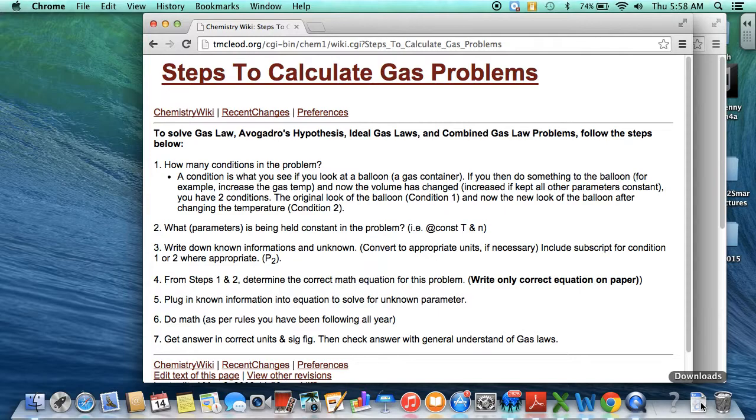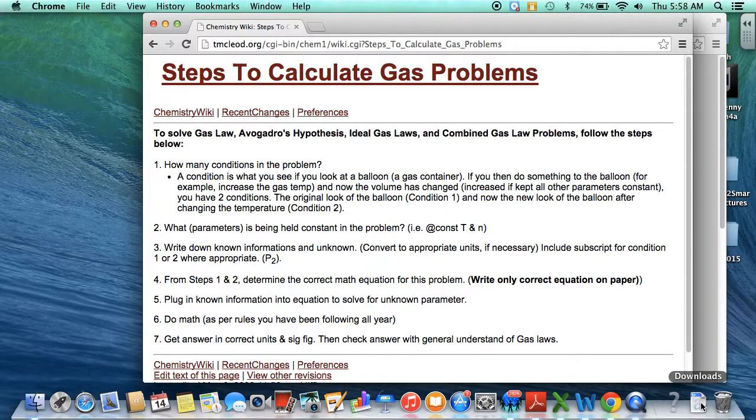For Charles's law, you're holding two. Therefore, there are two variables left, and there's a relationship between them. They vary by some relationship. From that information, you can come up with your correct mathematical relationship.